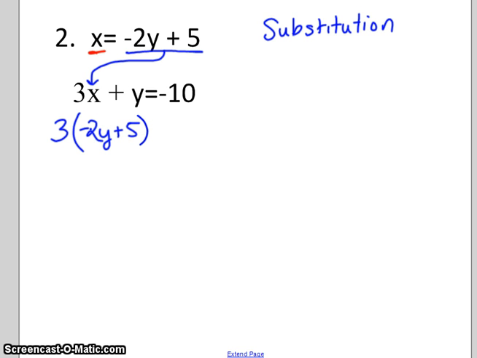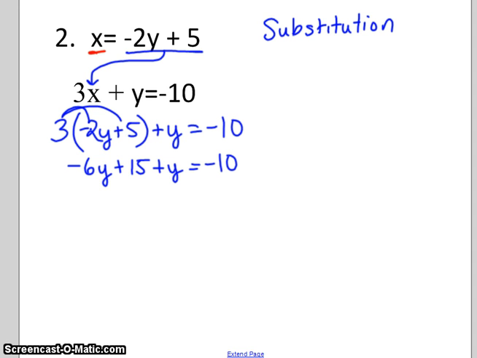Alright, so we have 3 times x, which in this case we know x equals 2y plus 5. Alright, 3 times x plus y. Alright, so we got to write plus y equals negative 10. Solve for y, distribute the 3. Combine like terms. Negative 6 plus 1 is negative 5.